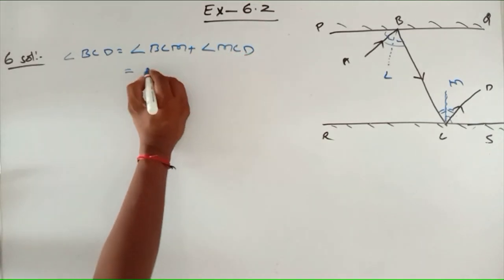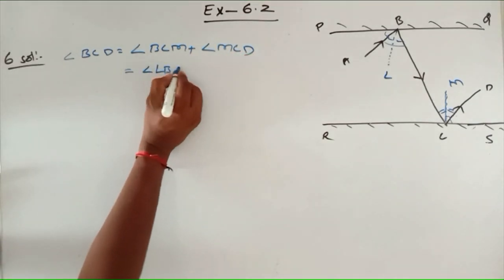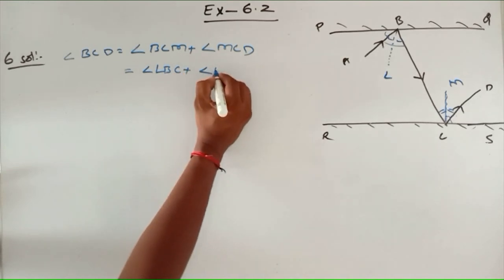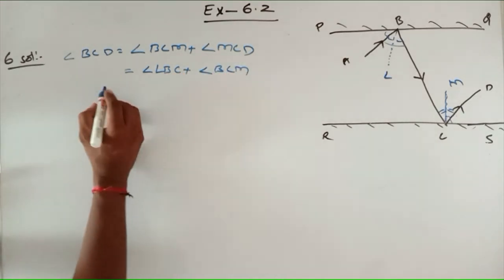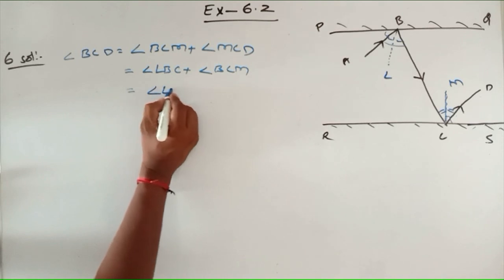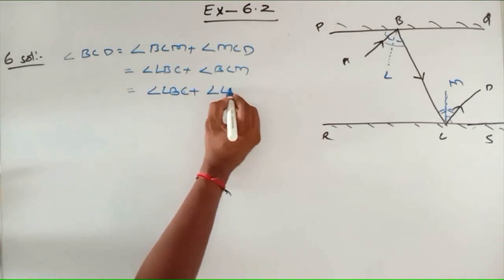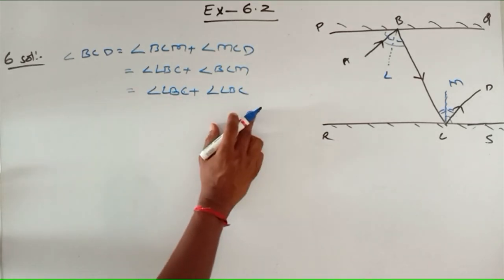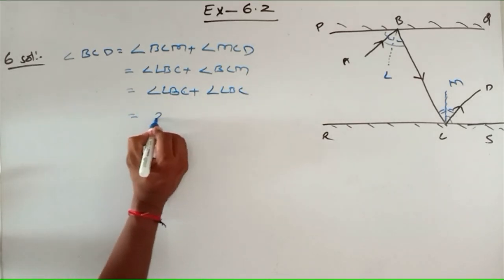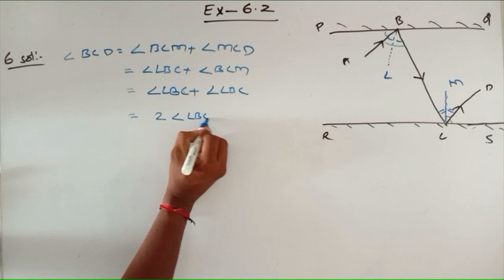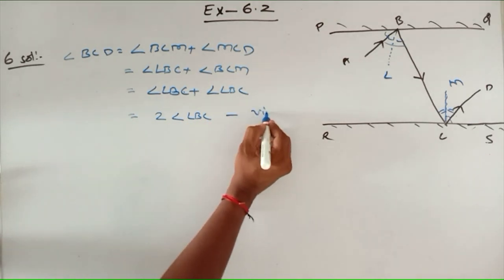But BCM value I know, that is angle LBC, plus angle MCD, that's equal to angle LBC plus MCD value is angle LBC by equations 1 to 6. Now that's equal to 2 angle LBC. This is the seventh equation.